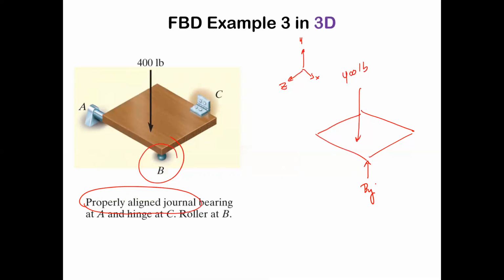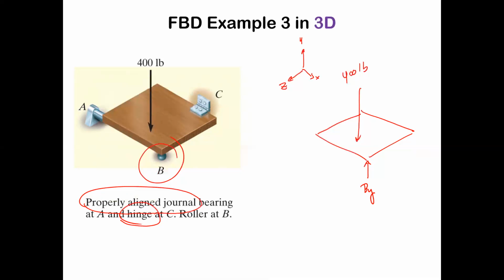The hinge at C, if it's properly aligned, isn't going to need much either. The only thing that hinge is going to do is keep that point at C anchored. It's not going to allow that point at C to move up, down, left, or right.